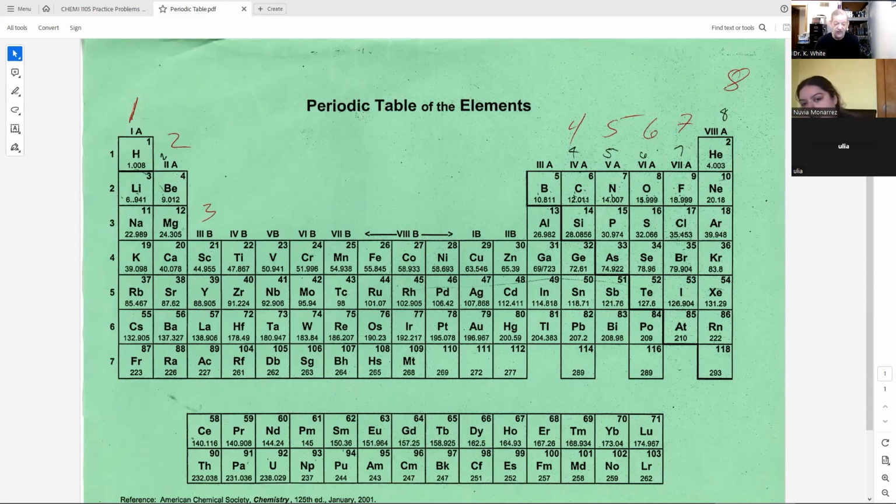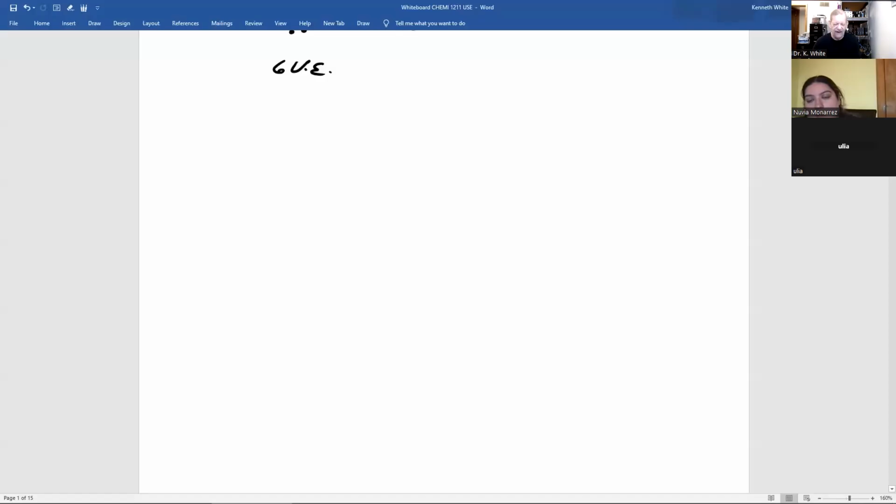So how do you use that information to determine what ion magnesium will have? It has 12 electrons, 12 protons, but it wants to go to having 10 electrons and still has 12 protons.